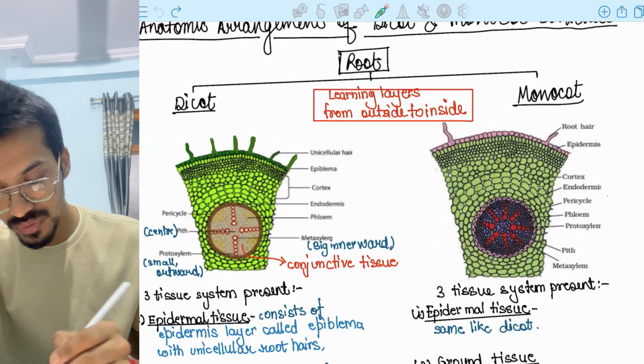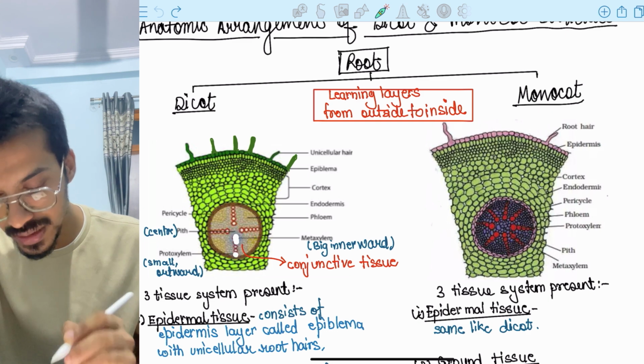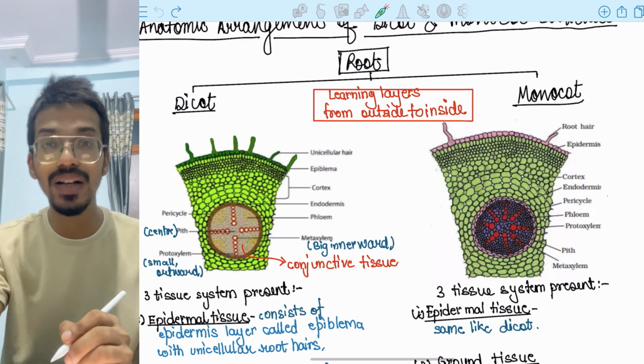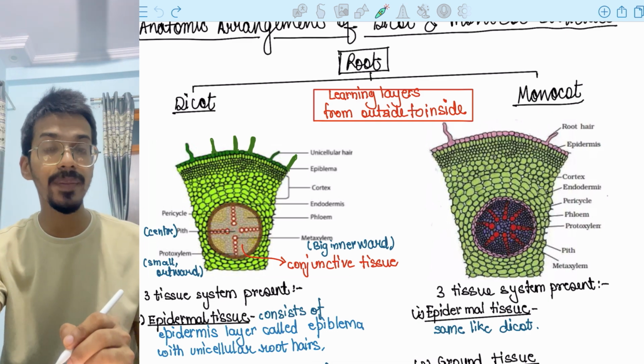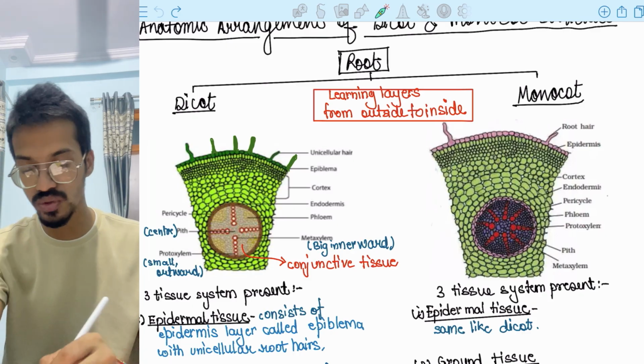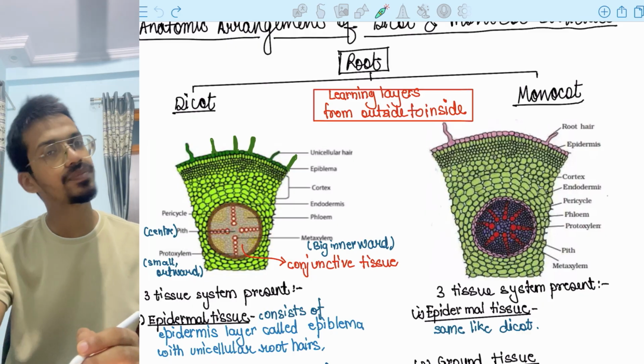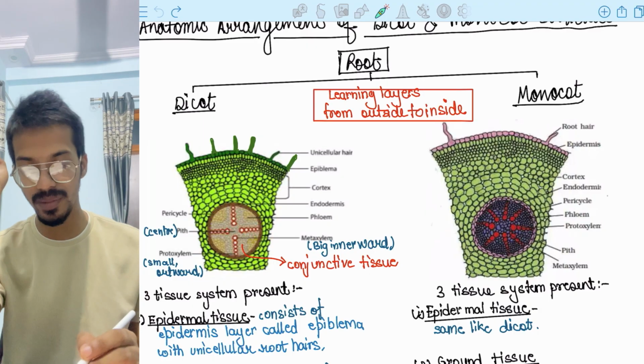So here the metaxylem is present in the center, protoxylem is present outside, and since metaxylem is the later forming one, it would be mature enough because it has more things, so it is shown as the bigger one. Protoxylem is this one, smaller, which is present towards the periphery. This also we can understand or remember from here.